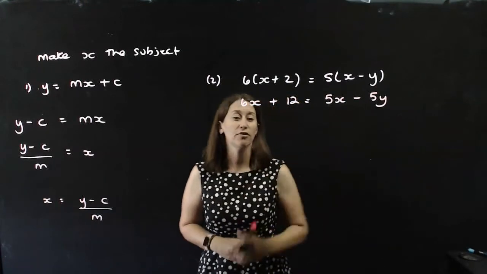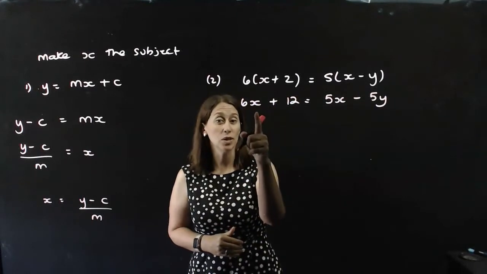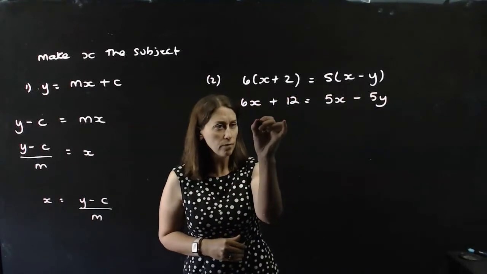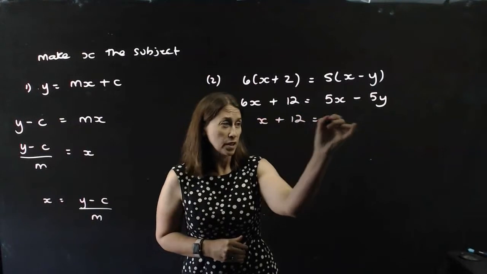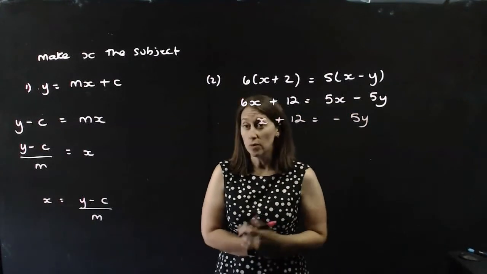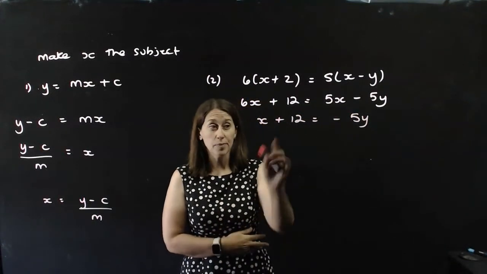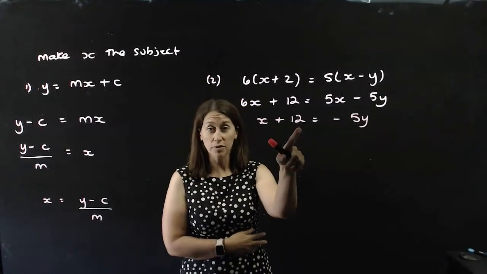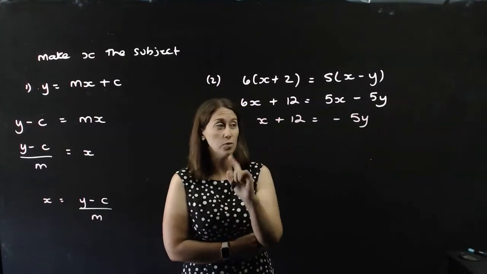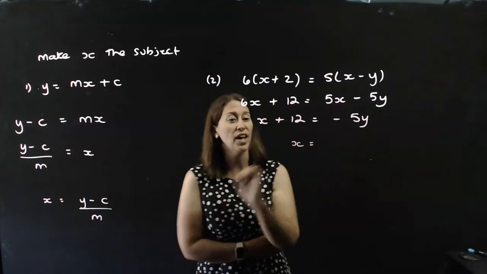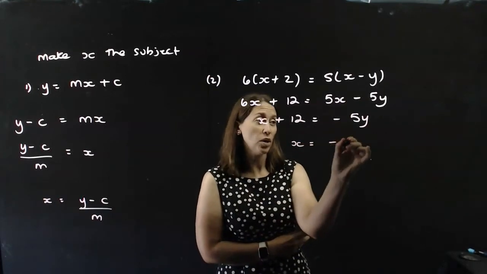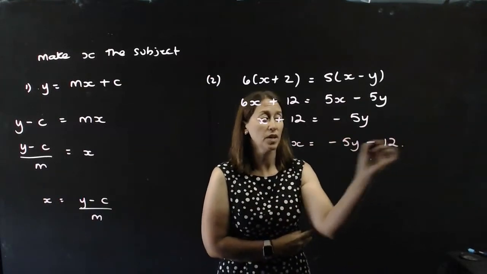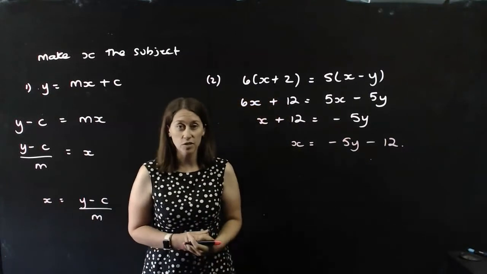I'm going to subtract 5x from both sides, leaving me with only 1x on this side. I still have the 12, and I have negative 5y on the right side. The next step is to subtract the 12 from the left-hand side, so I also need to subtract it from the right-hand side, leaving me with x equals minus 5y, take away 12. And now we have made x the subject.